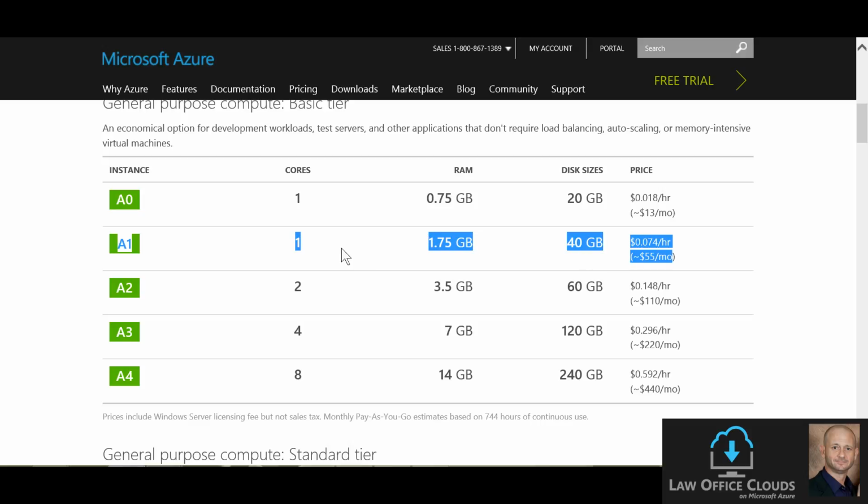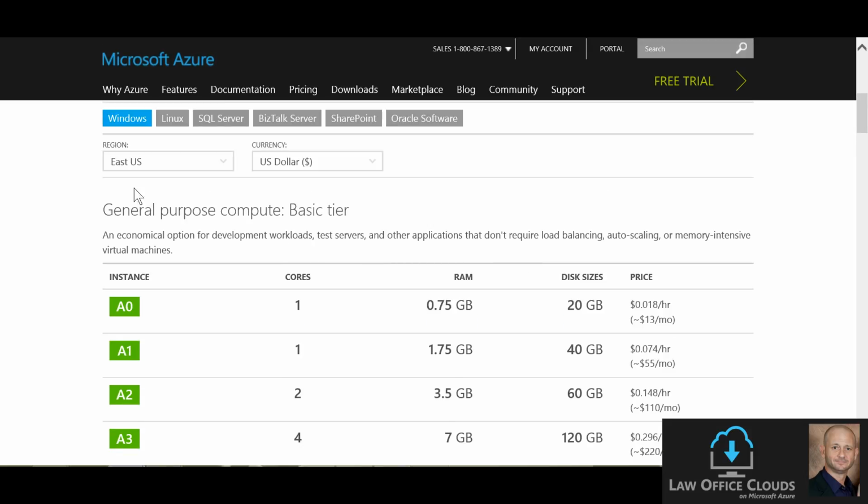Once again, if we turn off this virtual server for half the day, then our cost for the month would be about $27.50. Actually, it would be a little higher because even when you turn it off, you are still paying for storage, but storage overall is a small part of the total virtual machine cost.